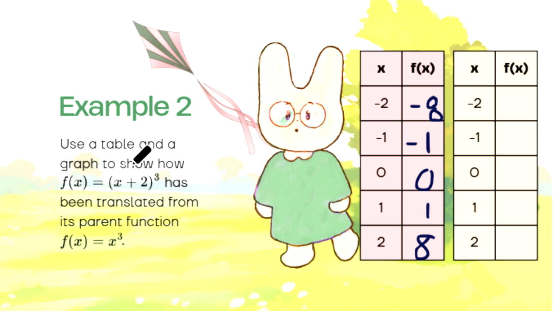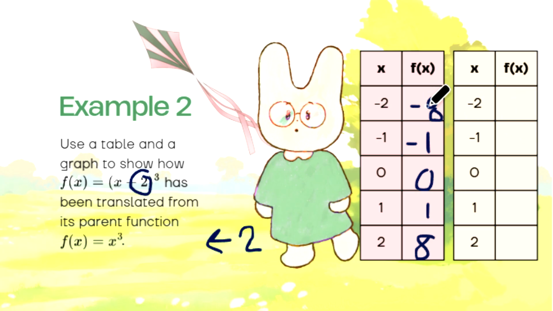Now, we established that the difference here is this +2, which means it's going left 2 spaces. Okay, and what's changing here is the x value. The x value is what's moving left. But we can't do that here.